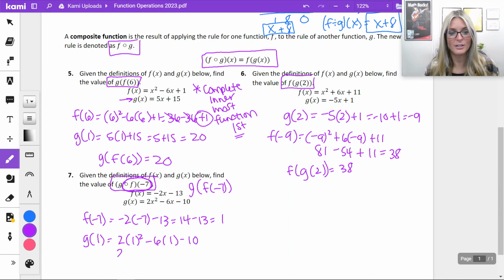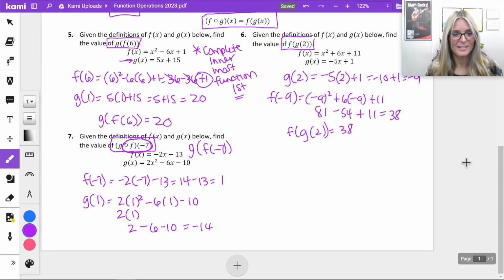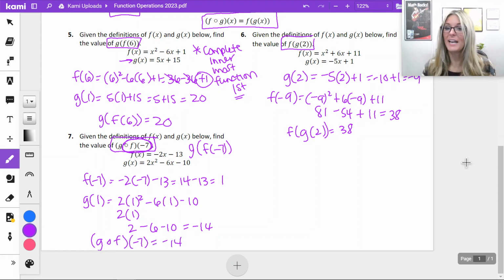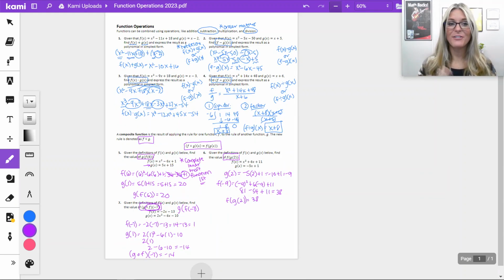Let's simplify here. 1 squared is 1. 2 times 1 is 2. Then we have a negative 6 times 1 gives us negative 6 minus 10. We're going to have negative 14. So final answer using the original notation, g of f of negative 7 is equal to negative 14. Final answer. So that's function notations.